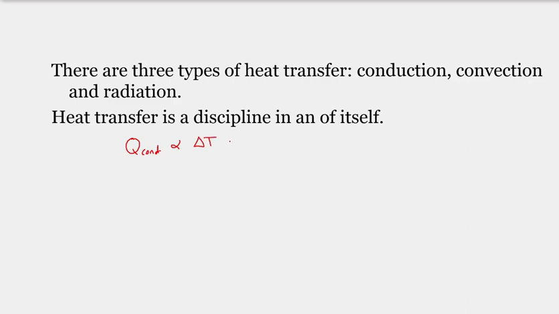So if my system is at some temperature other than the system environment, so let's call that the ambient, I'm going to have heat transfer due to conduction. Okay? The same thing is true for convection heat transfer.